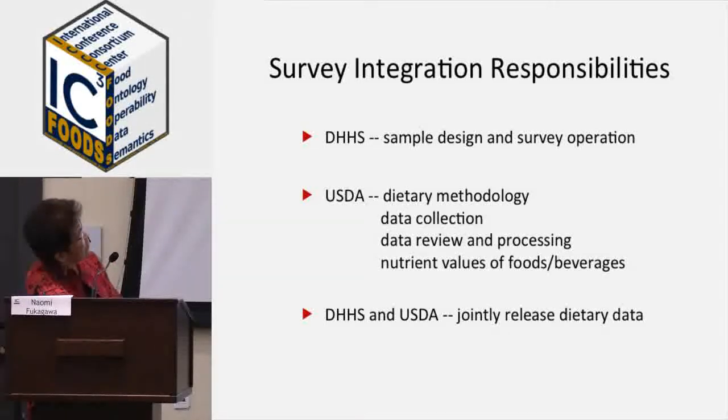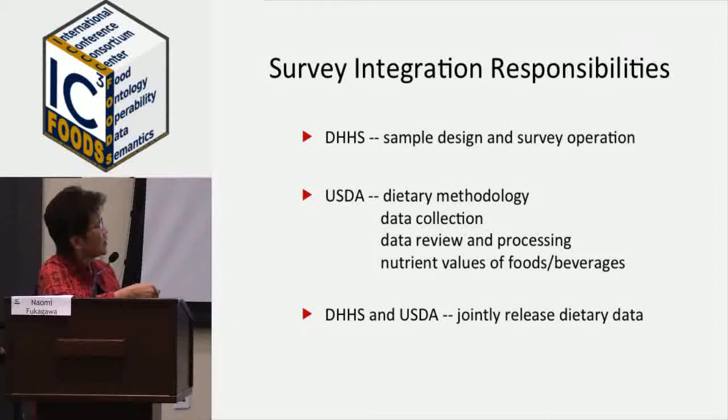And the survey integration responsibilities that we have is that the Department of Health and Human Services is responsible for the sample design and survey operation. But as I mentioned earlier, the USDA is responsible for the dietary methodology, data collection, review, and processing, including the nutrient values of foods and beverages.